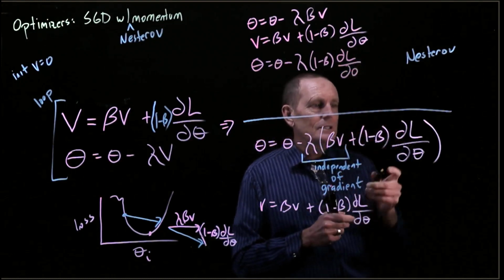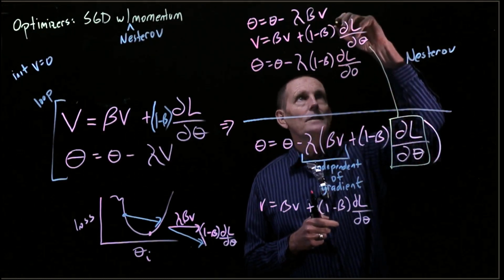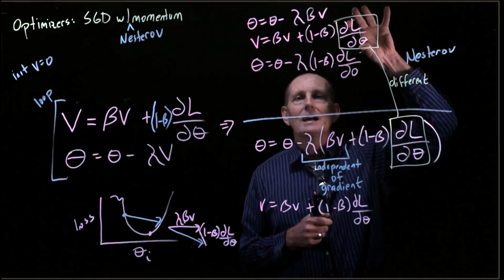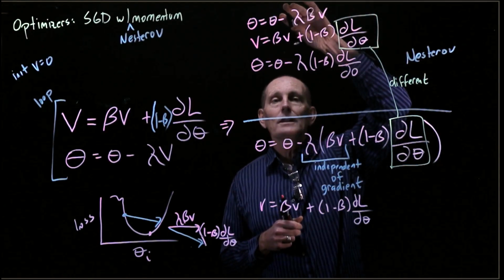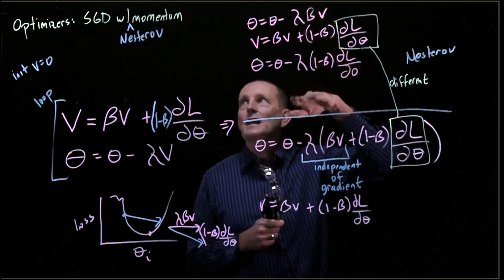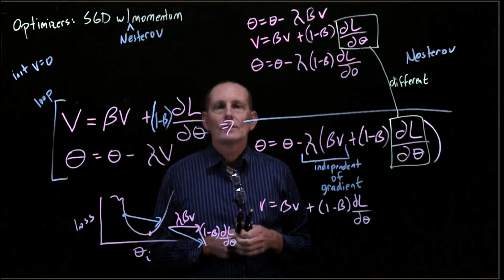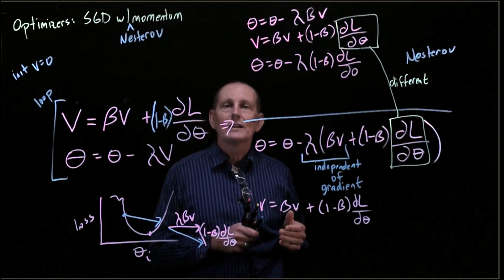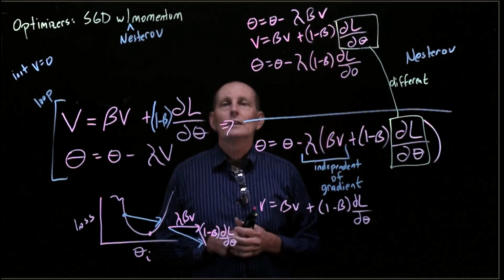The key part is this derivative and this derivative are different, because this one has a theta taken from having already updated based on the velocity. So this is the Nesterov change to momentum, which says basically, again, take a step first before you calculate the derivative, based on the accumulated velocity.